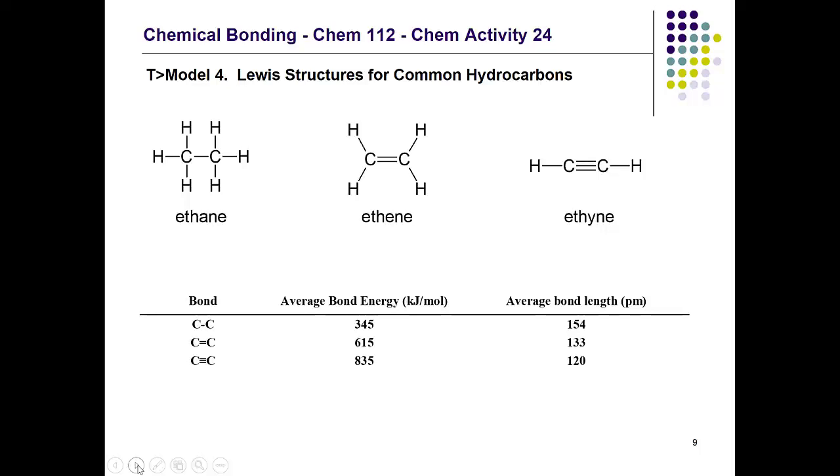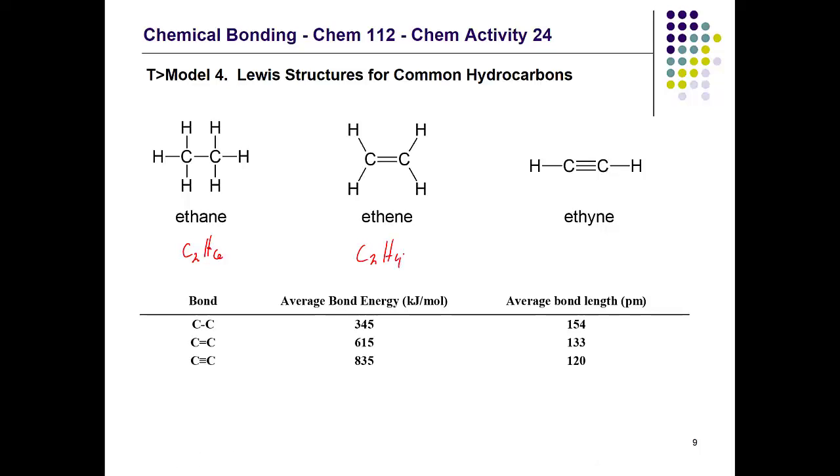So one of the things that I'd like you to notice first of all are the formulas. And we'll be coming back to this when we study organic chemistry. So in this case, it's C2H6. And in a sense, for 2 carbons, those 6 hydrogens are the maximum number of hydrogens that you can have. But of course, if you have 1 double bond between the 2 carbons, you have C2H4.